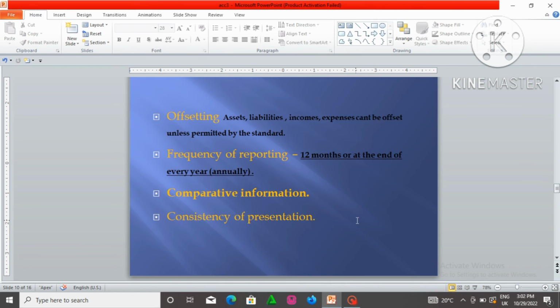You may not necessarily be consistent with the way you present your financial statements if it is apparent that a different presentation or classification would be more appropriate following either a significant change in the nature of the entity's operations or a review of its financial statements, or if a different presentation or classification is required by an international standard. So those are the general features as stated in IAS 1.